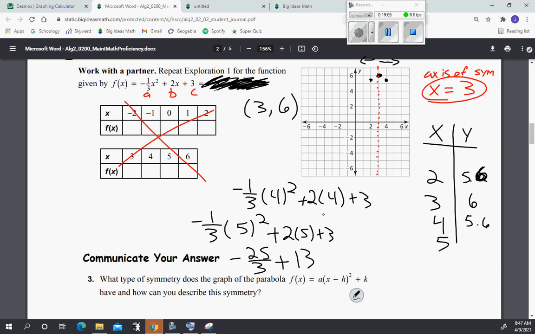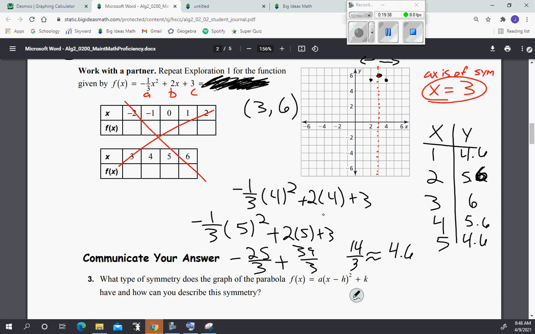So we'll get 39 over 3. Negative 25 plus 39. What is that, 14? 14 over 3 is roughly 4 2/3. We're going to say 4.6, and then when x is 1, it's 4.6.